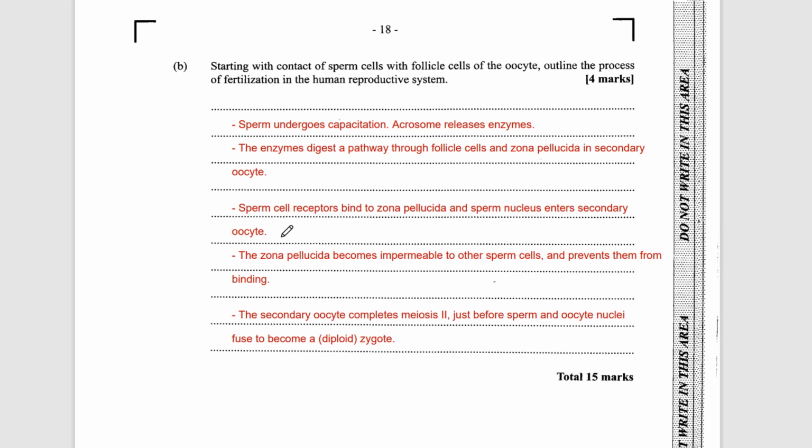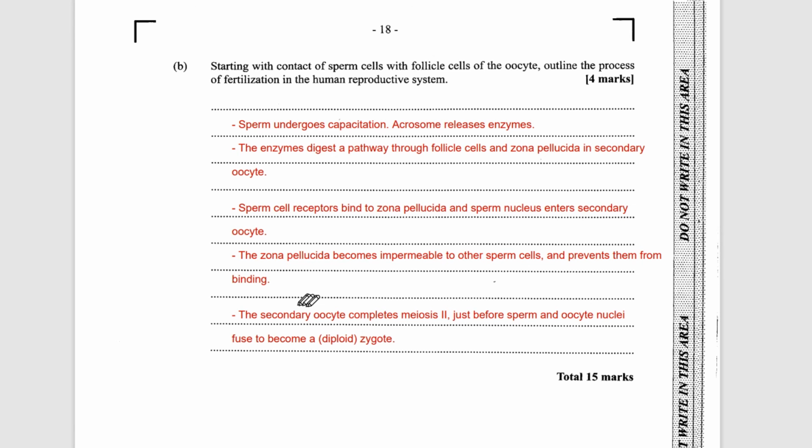So the sperm nucleus basically exits the head of the sperm and goes into the oocyte. What would happen now is the zona pellucida will become impermeable to other sperm cells. It becomes a fertilization membrane and it prevents them from binding. So it would only allow this one sperm cell to enter due to this. This is after something called the cortical reaction.